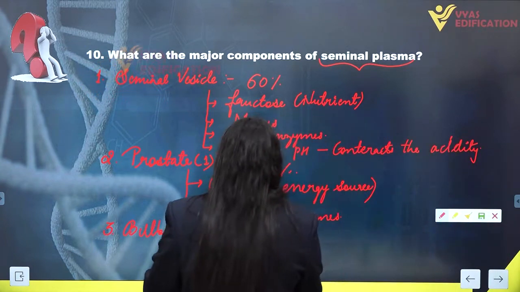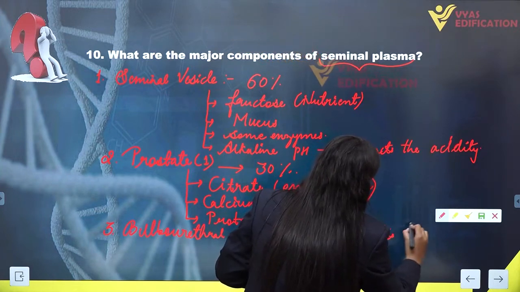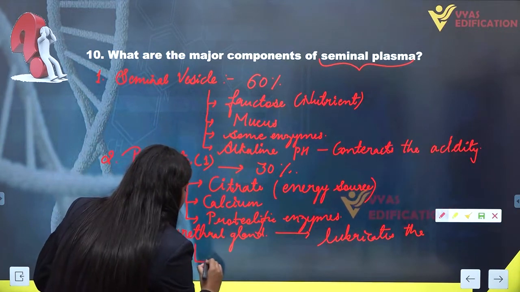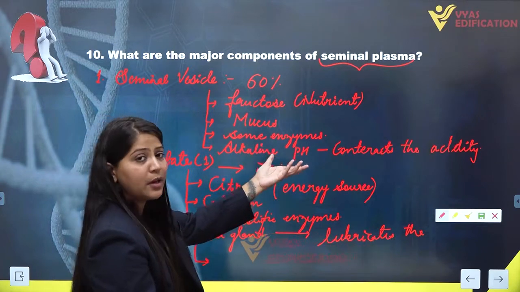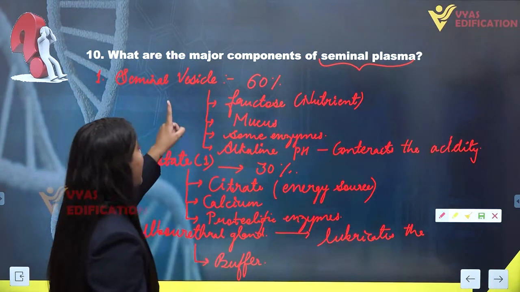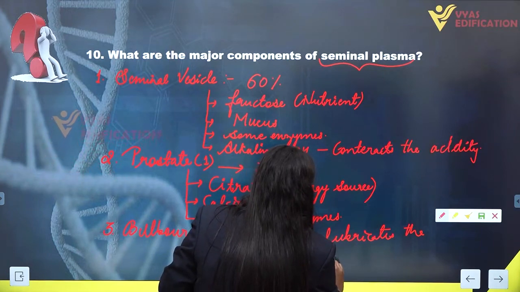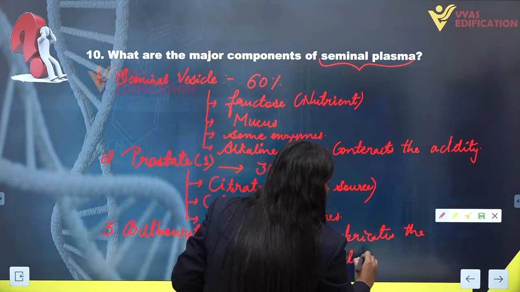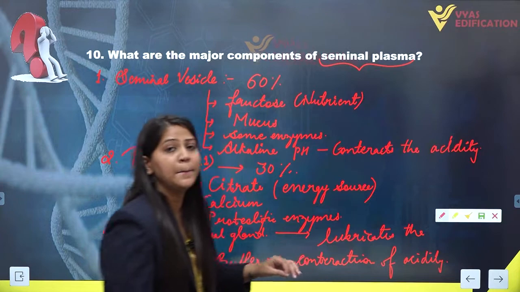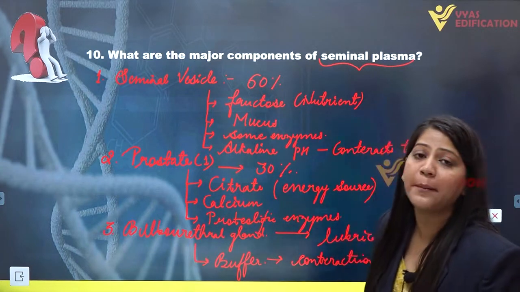This gland actually lubricates the passage for semen, and it also functions in the seminal plasma in that it contains buffer, just like the seminal plasma, and it helps in the counteraction of acidity inside male and female. So these are the components or contributions of seminal plasma.